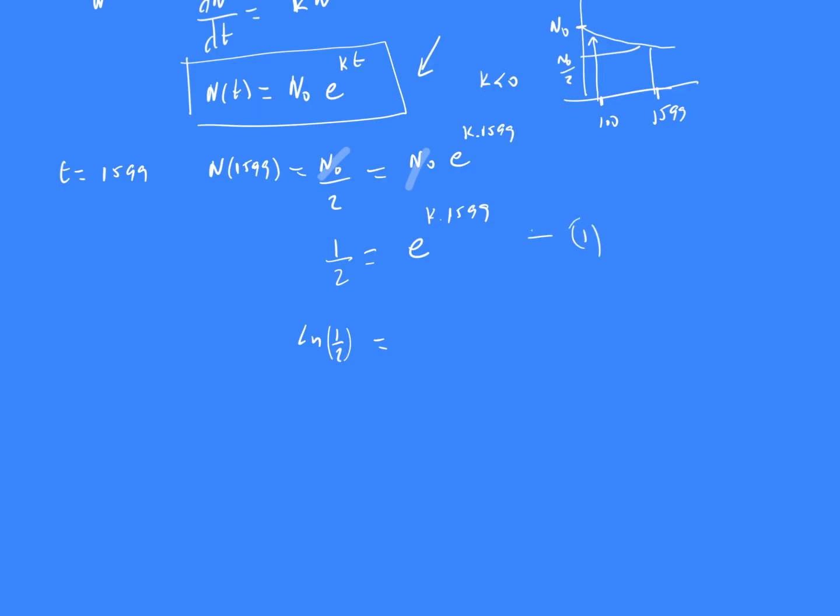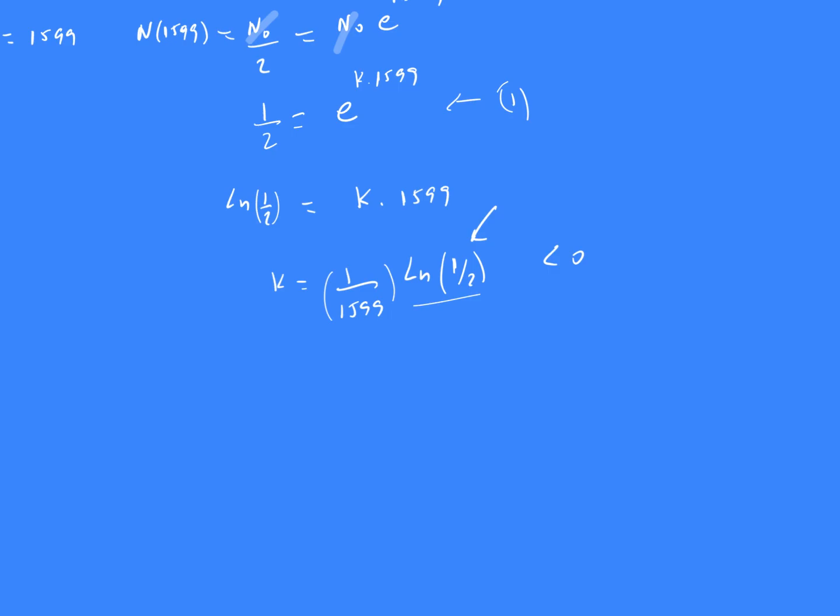And the natural log of the right side is k times 1,599. So k is 1 divided by 1,599 times the natural log of 1/2. And this k is negative because the natural log of 1/2 is negative. So a negative number multiplied by 1 divided by 1,599 will be a negative number.